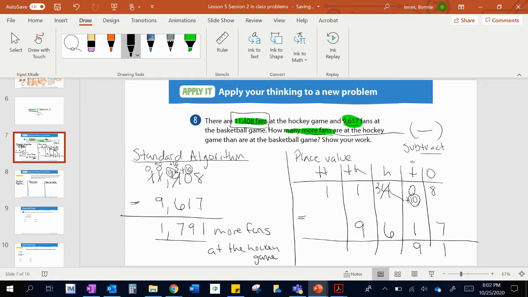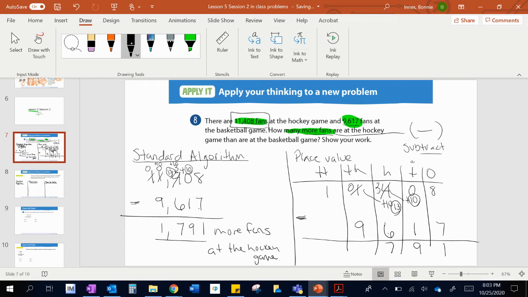That's 9. Now my 100 says 3 minus 6. I can't take 6 from 3. That just doesn't work out. So I have to come on over to my thousands. My 1,000 is going to become plus 10 hundreds. 10 plus 3 is 13. And that 1,000 becomes 0. So 13 minus 6, that's 7.